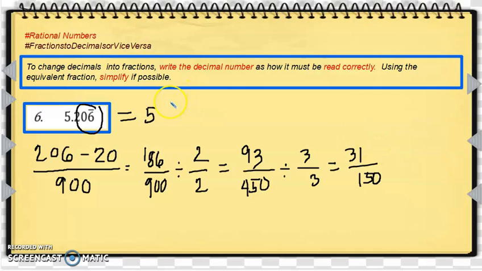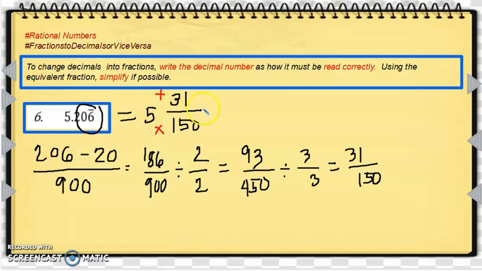So we just have to attach that to the whole number 5. So 31 over 150, and then we convert it into an improper fraction. So multiply and add. We have 150 multiplied by 5 is 750, added to 31. That's 781.